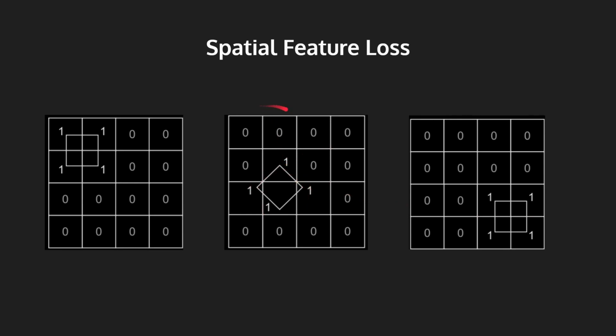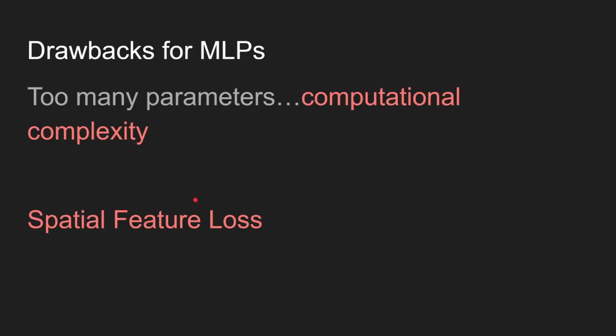So it's going to be hard since we are losing spatial features since they're all 1D now, right? So the drawbacks for MLPs: too many parameters, which leads to insane computational complexity, and we also get spatial feature loss. So that's why MLPs aren't that great for image classification.